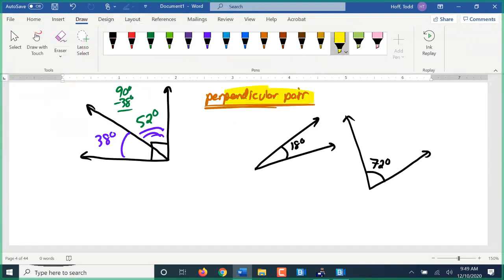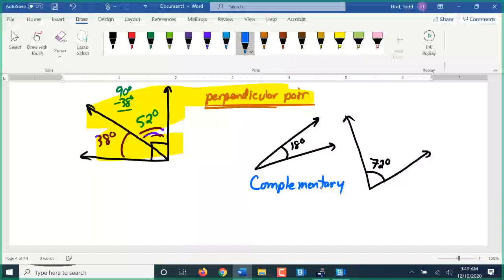So like I said, the perpendicular pair only applies if they're actually adjacent and come together to make that right angle. These two are said to be complementary. They still add up to 90, or a right angle. They're just not put together right now to make that right angle. They're not necessarily adjacent.